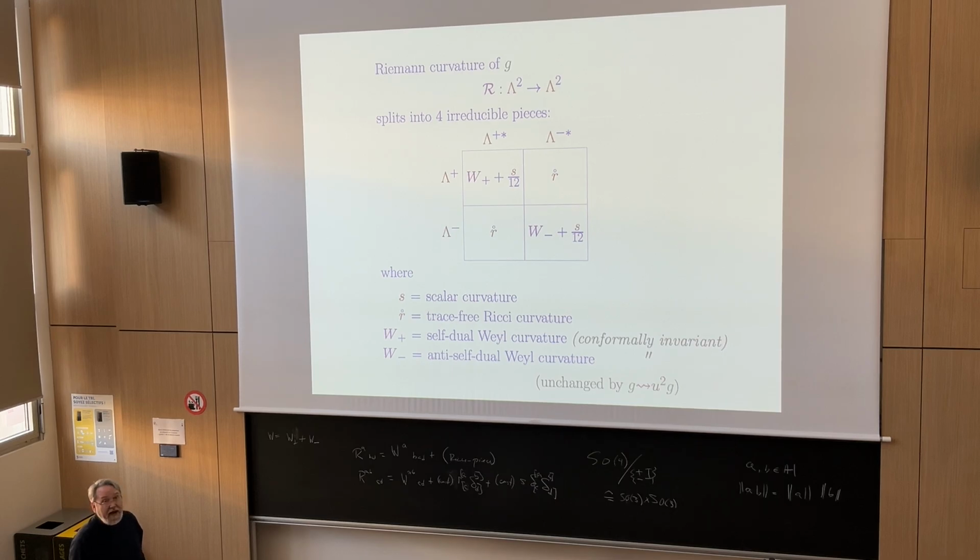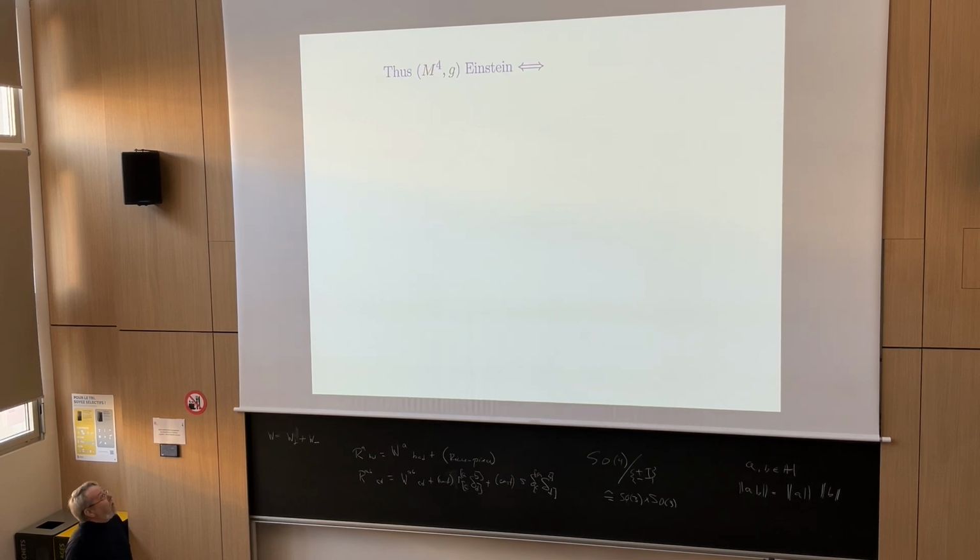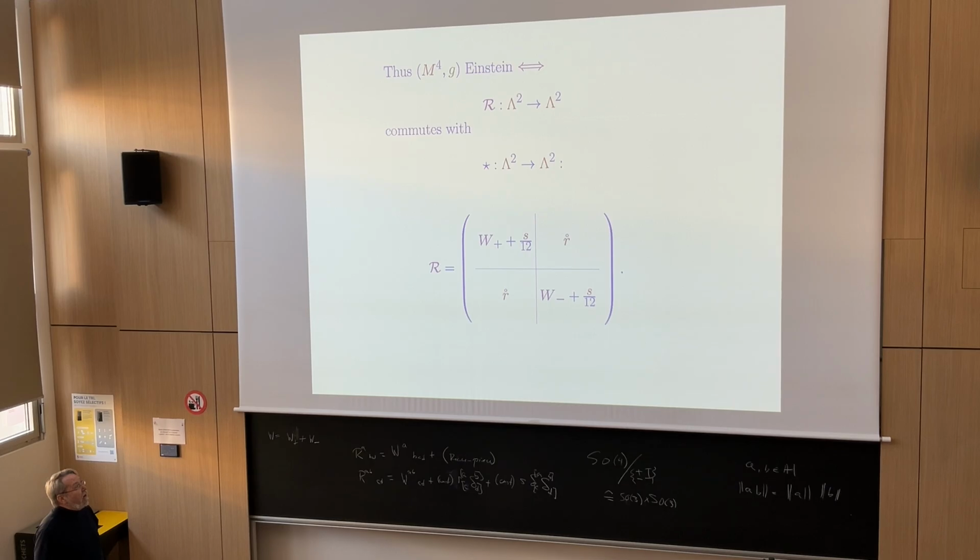What is the Einstein condition? It's that the trace-free Ricci tensor vanishes, right? If you're on an Einstein manifold, it would exactly be saying that there's no off-diagonal block, just 0. So being Einstein would just say the Hodge star acts on the self-dual forms as +1, and acts on the anti-self-dual forms as -1.